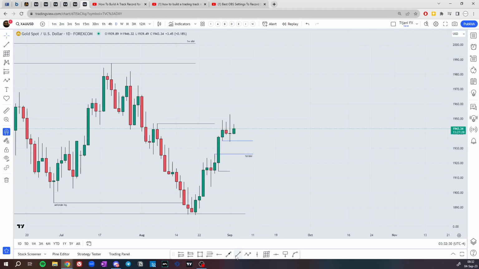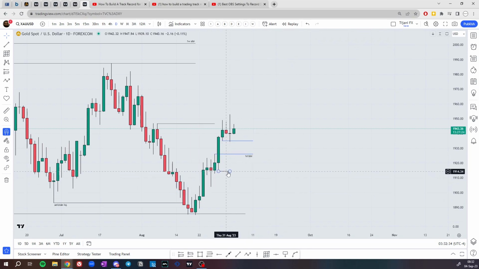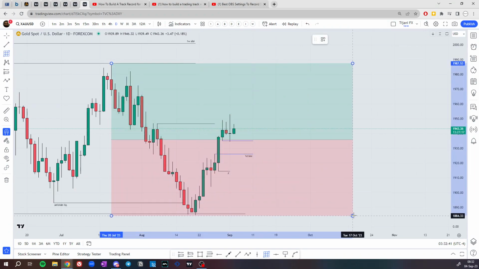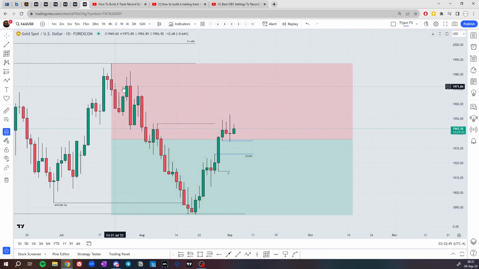Then if price checks this low here, we could be expecting that price has a reaction from the premium of this range to this daily order block. If you see it checking the buy side liquidity above this high, then it is dropping lower if it takes this low.